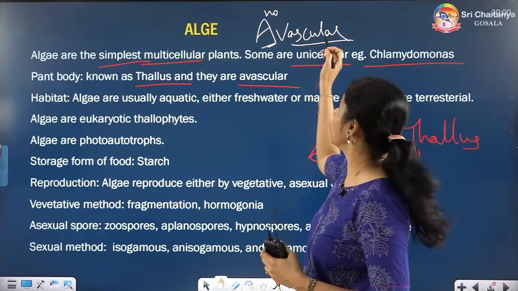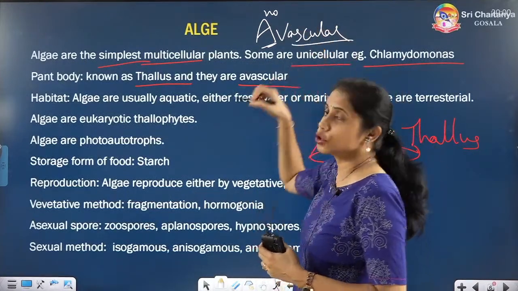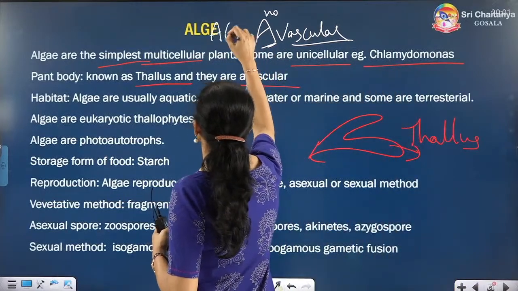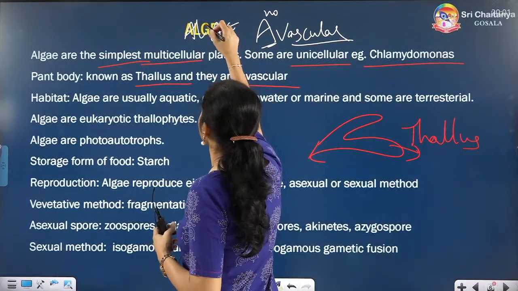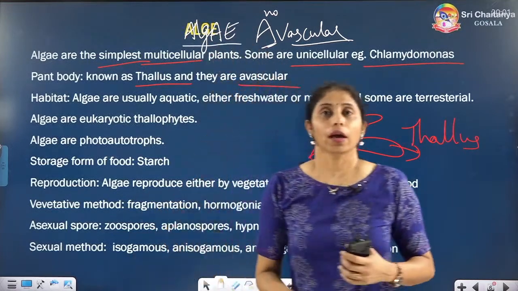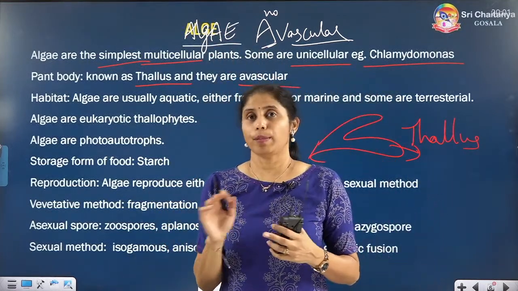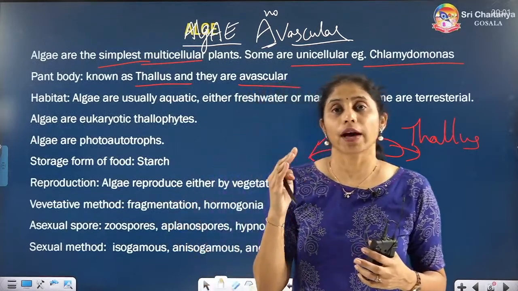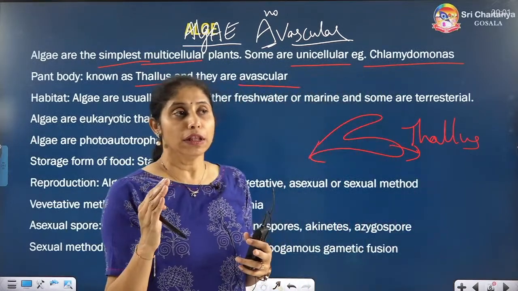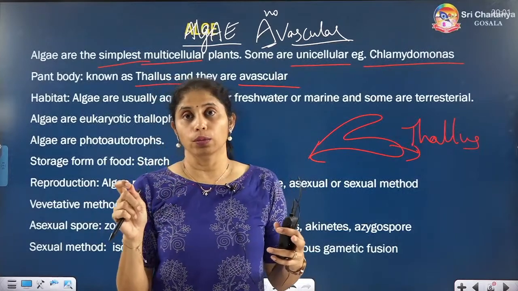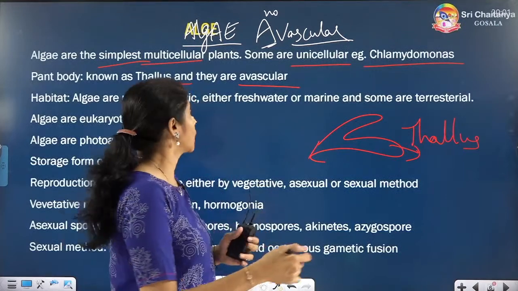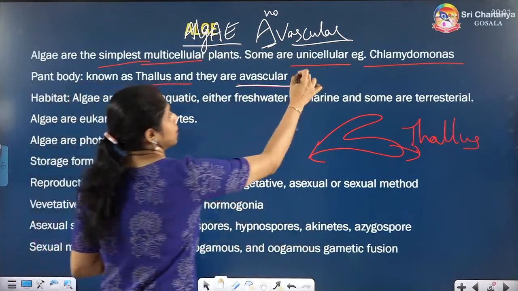There are no vascular tissues in algae, that means no xylem, no phloem. So they are considered avascular plants.